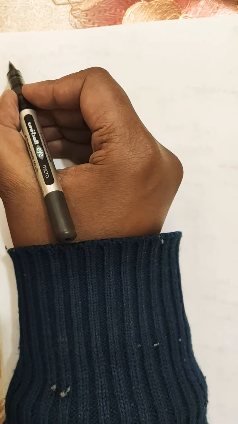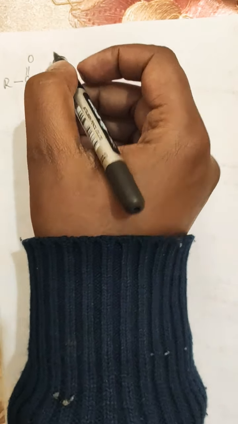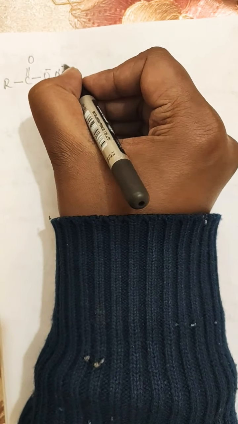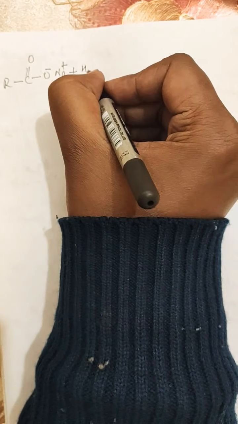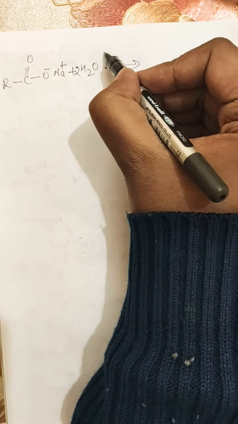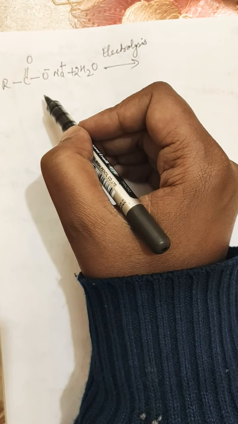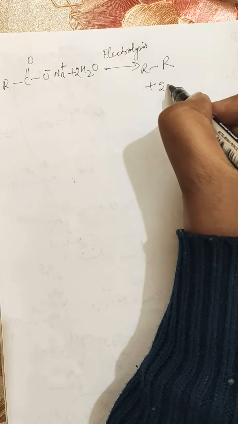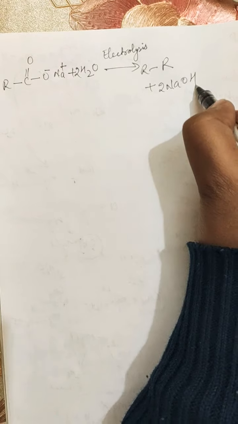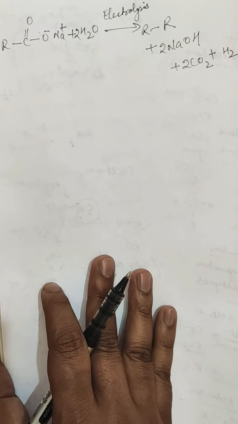So electrolysis of this carboxylate salt results in the formation of alkane plus 2 molecules of NaOH plus 2 molecules of carbon dioxide plus liberation of hydrogen gas. So this is the Kolbe's electrolysis reaction.